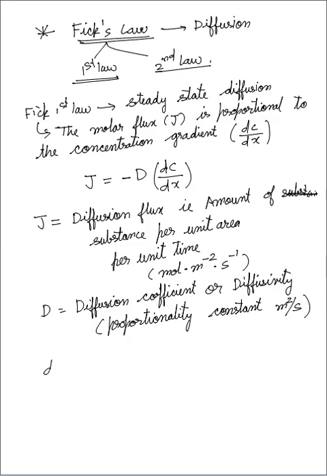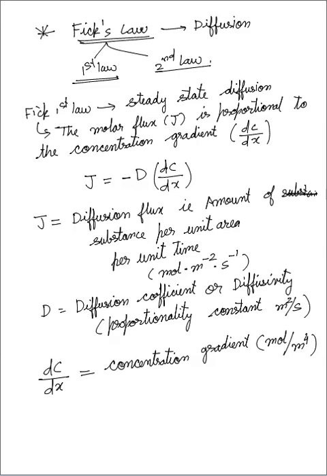Now dc by dx, this is your concentration gradient. So change in concentration upon distance, dx, is basically expressed in mole per meter raised to 4.